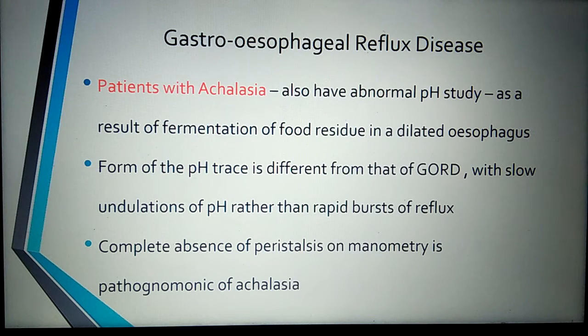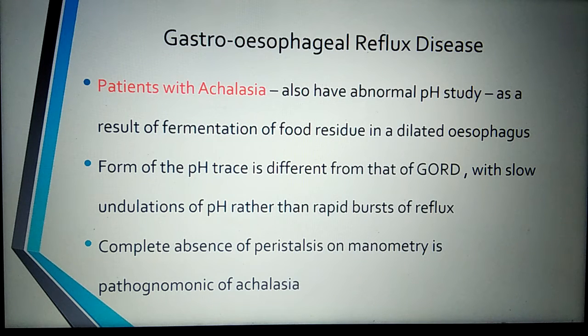But the important thing is the form of the pH trace is different from that of GORD. There are slow undulations of pH in achalasia rather than rapid bursts of reflux in GORD. And why is there slow undulation of pH?